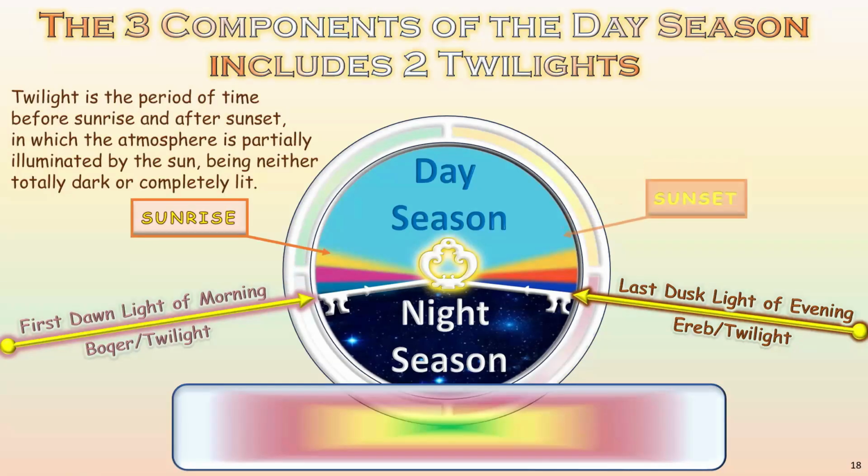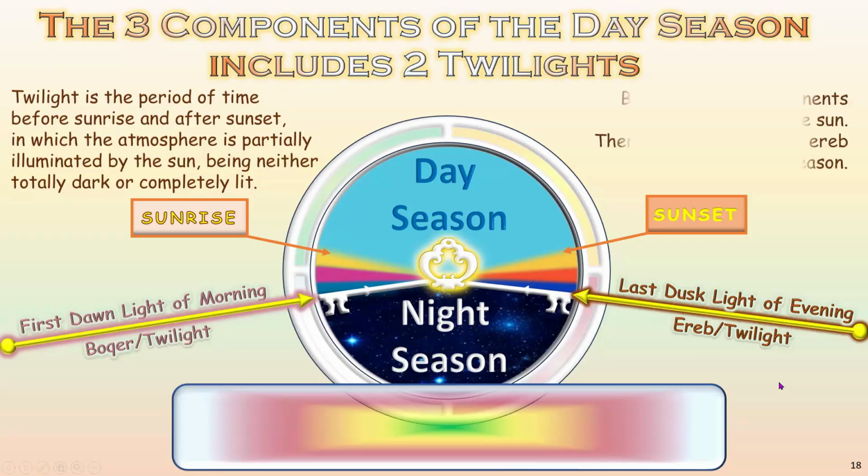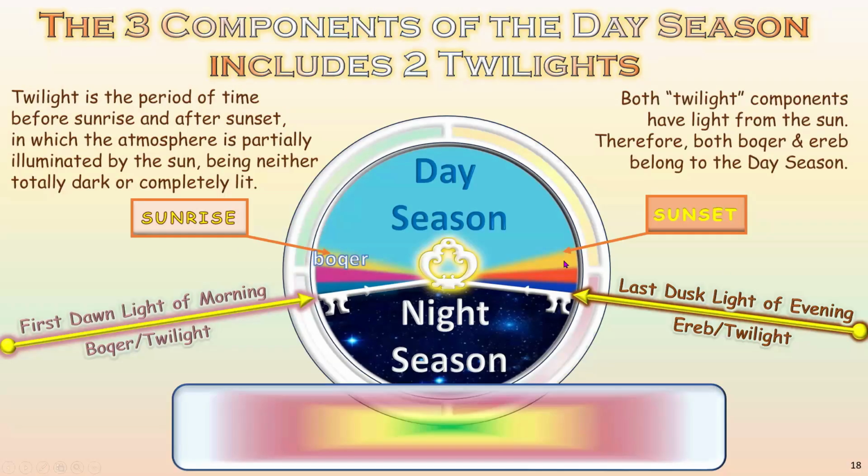Twilight is the period of time before sunrise and after sunset in which the atmosphere is partially illuminated by the sun, being neither totally dark nor completely lit. You can see that would be the sunrise right when it comes into pure daylight. And then sunset is on the other side.